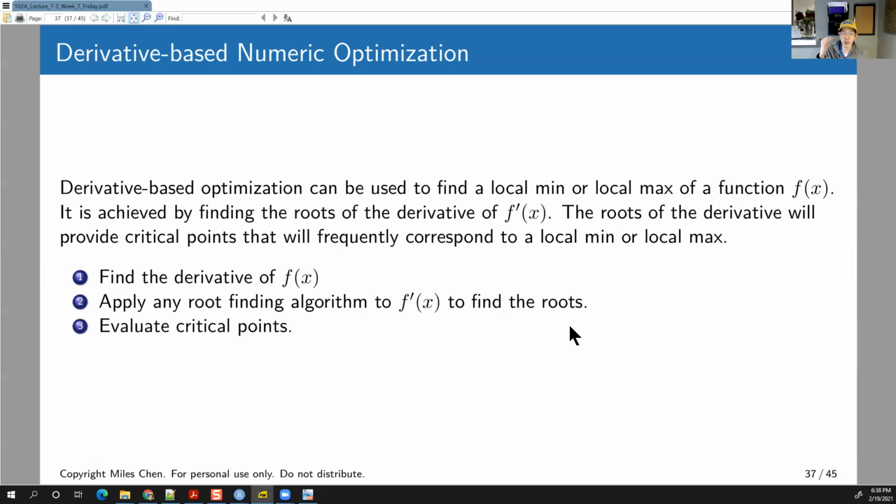When you find where the derivative is equal to 0, that is, the roots of f prime, those roots provide critical points, and those critical points will correspond to local min, local max, maybe a saddle point. Overall, you find the critical points of the function by finding where the derivative is equal to 0. So you find the derivative of f, apply any of the root finding methods that we learned on Wednesday or today, find the roots, and then evaluate those critical points.